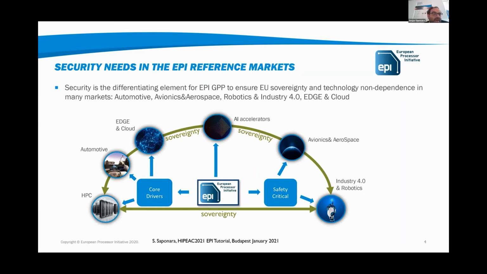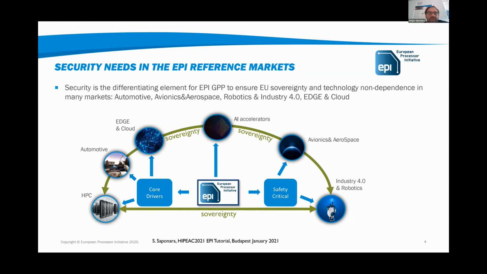So, as already said, security is a key part of the European Processor Initiative, since one can argue that a heterogeneous architecture based on ARM plus some coprocessor is something that you can find in other marketing literature.